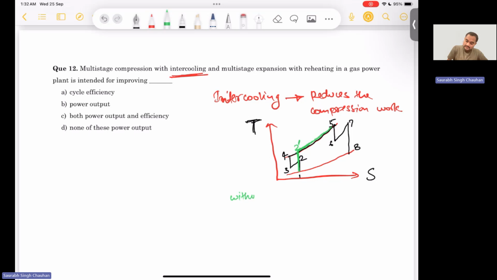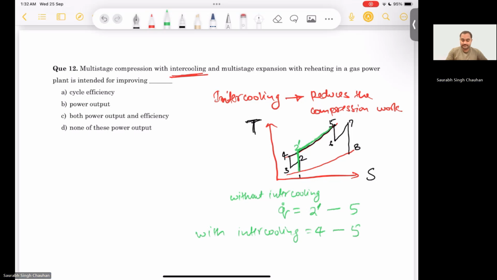Without intercooling. But with intercooling, the heat addition will be from 4 to 5, right? So after intercooling, you have to put more heat input. Okay. So yes, you are reducing the compression work, but you are increasing the heat input.